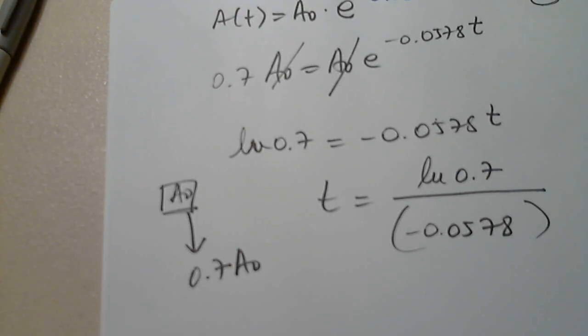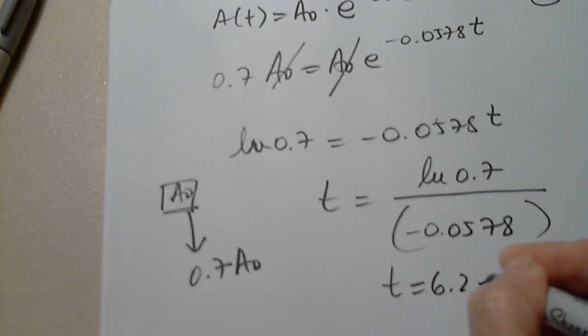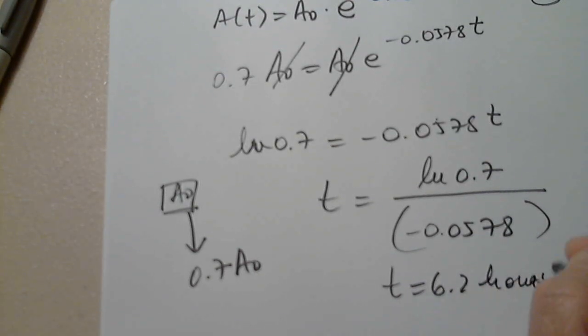Okay, so 6 hours. From 100% to 50% is 12 hours, but from 100 to 70% is only 6.2 hours. So t equals 6.2 hours.